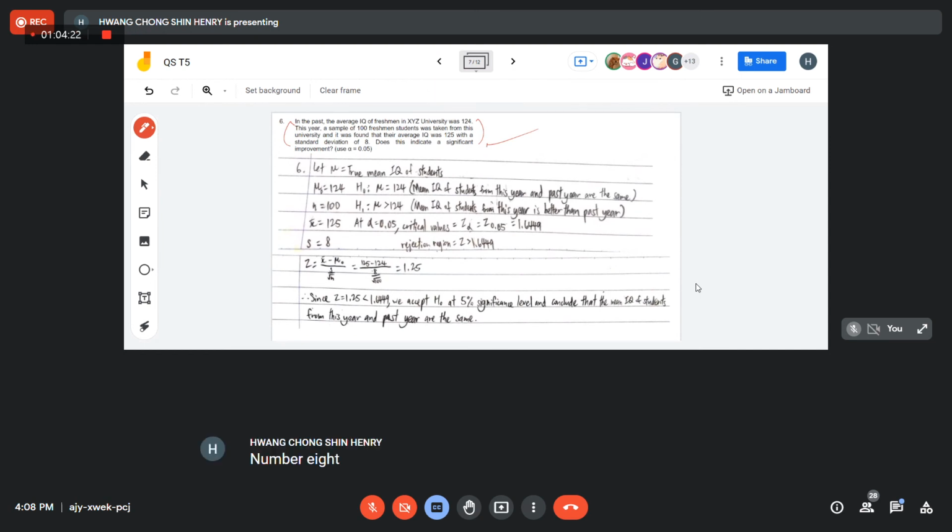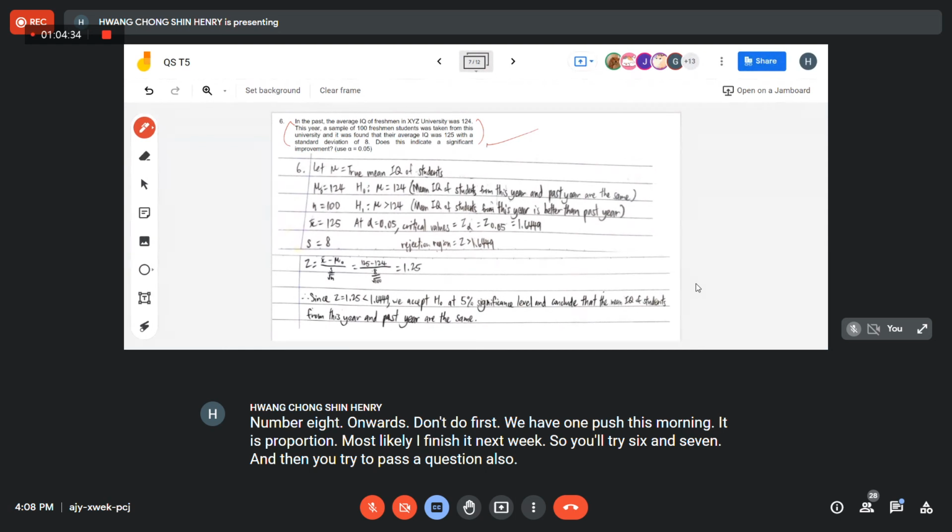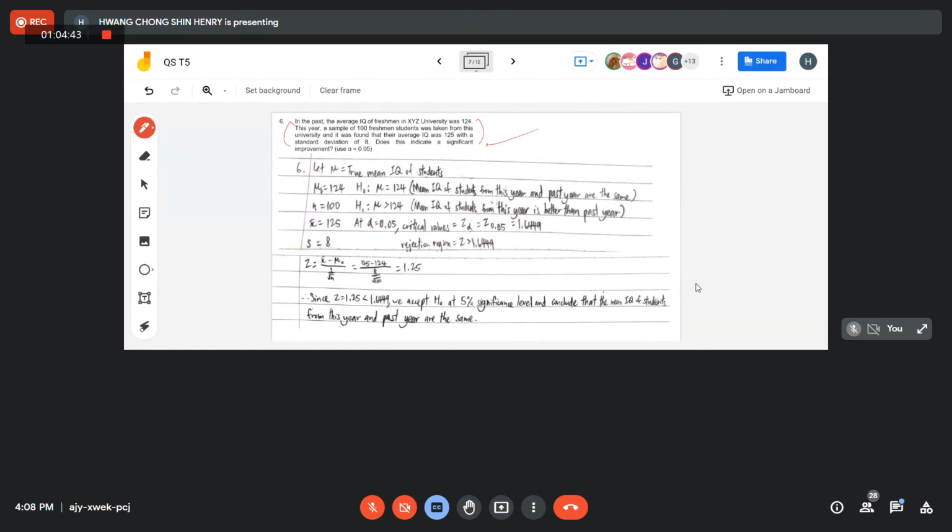Number 8 onwards, don't do first. 8 is proportion. We haven't touched this morning. Most likely I finish it next week. So you try 6 and 7. And then you try the past year questions also.